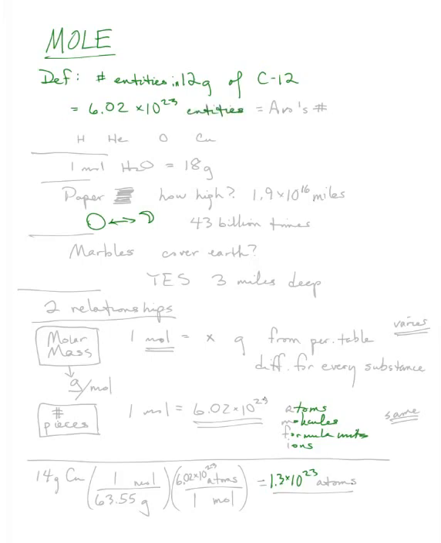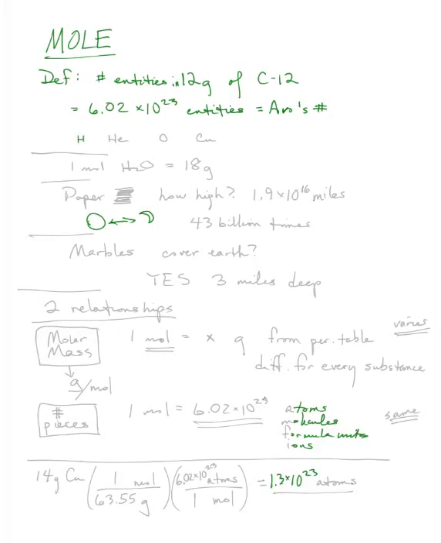Pieces, atoms, molecules, whatever. And we call that number Avogadro's number because it's such an important number, we have to give it a special name. Now, why would we define this in such a way? The idea is that we've already worked out all these ratios on the periodic table.